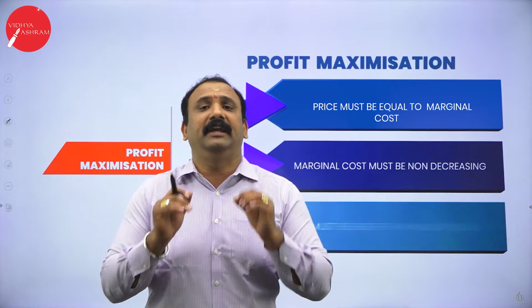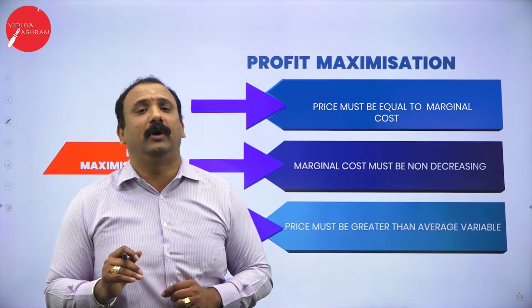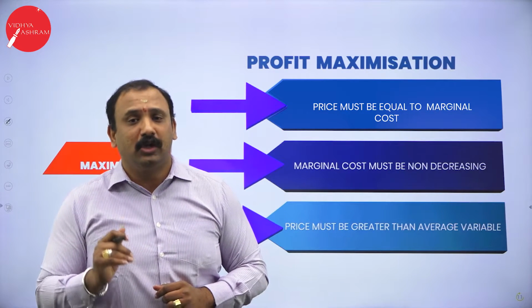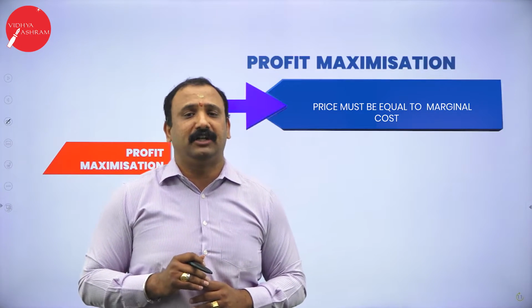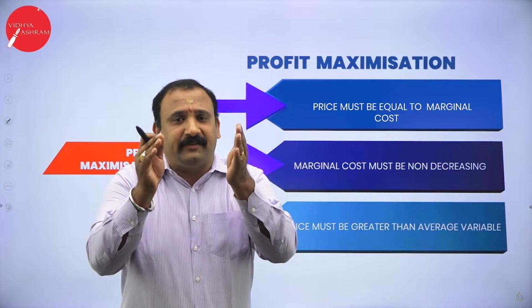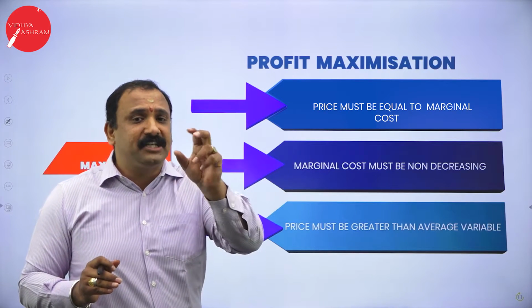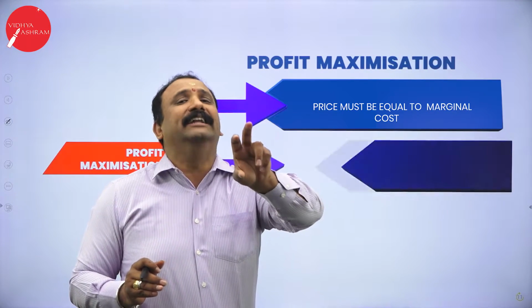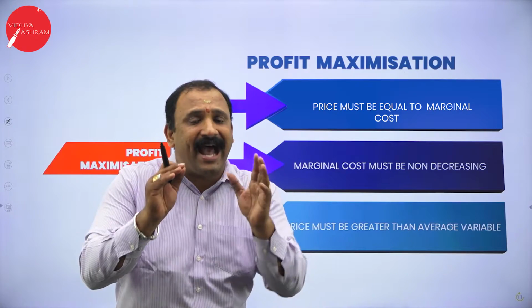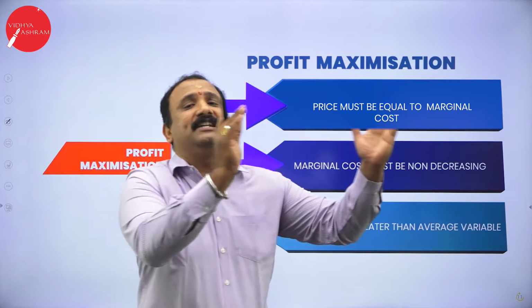That is very, very important. Price must be equal to marginal cost. Why must it be equal to marginal cost? Whatever price you set for a product today in the market, the marginal cost should also be included, which means you cannot have a separate margin factor and a separate price.